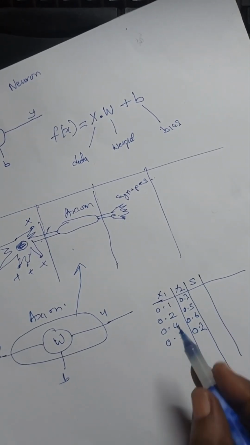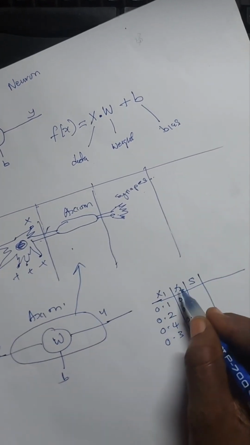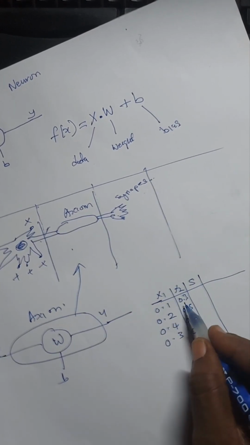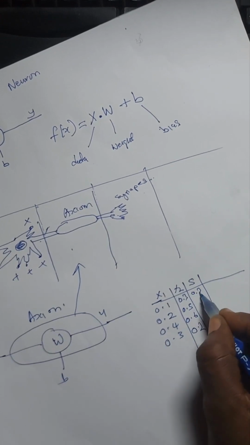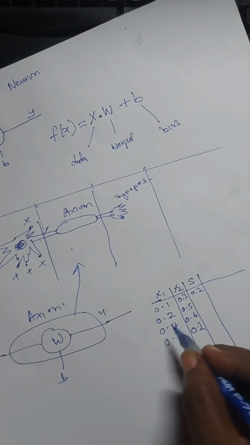These are just random data. Now, let's sum this up and divide by the number of inputs. The number of inputs here is 2. So 0.1 plus 0.3 will be 0.4, divided by 2. That will be 0.2. That is the signal strength.